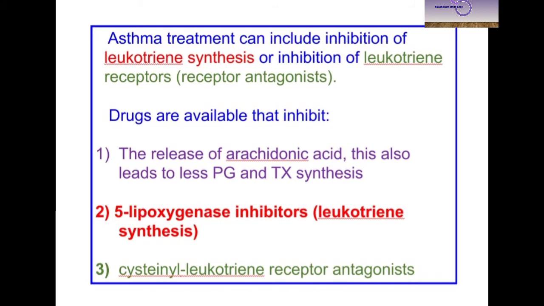The third one, which is the more comprehensive strategy, is the use of corticosteroids, which inhibit the release of arachidonic acid, and that will inhibit the synthesis of leukotrienes as well as prostaglandins and thromboxanes.